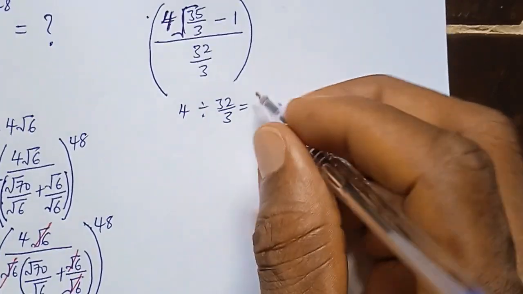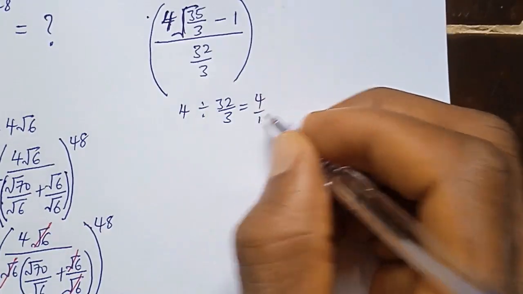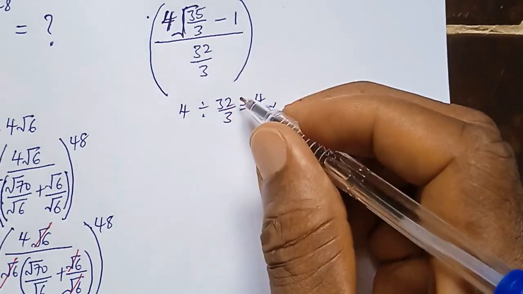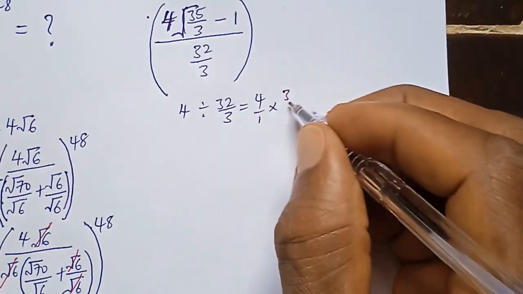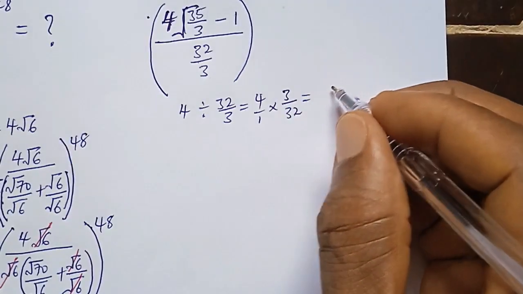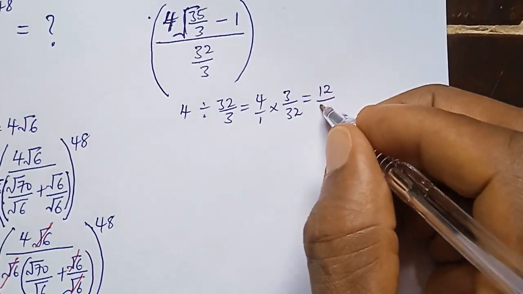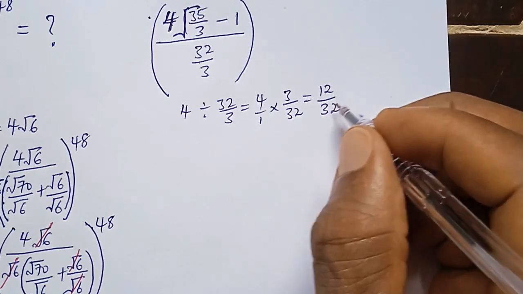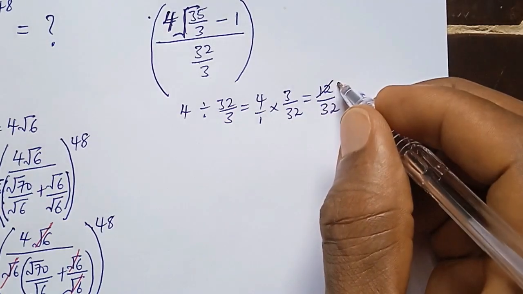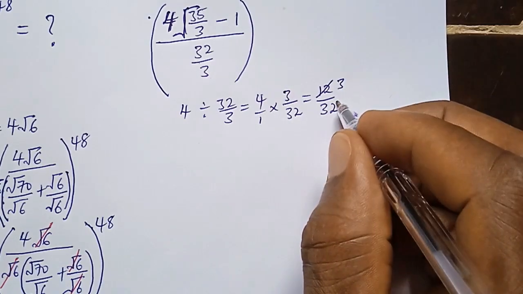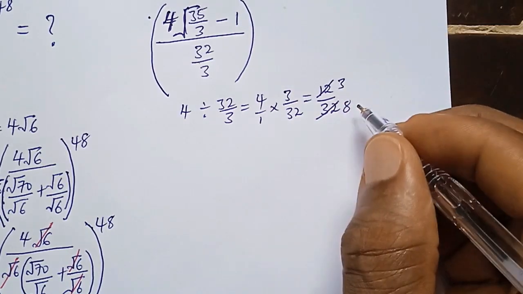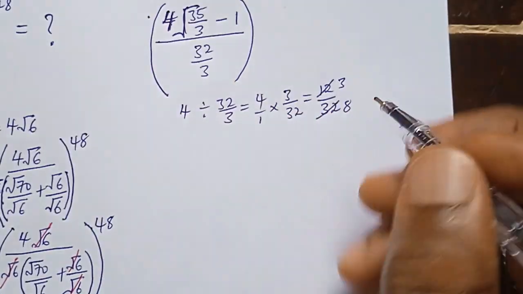This can be written as 4/1 multiplied by, so this side will be flipped, 3/32, and that gives us 12/32. This can be simplified: 12 divided by 4, we have 3; 32 divided by 4, we have 8. So we replace that with that.